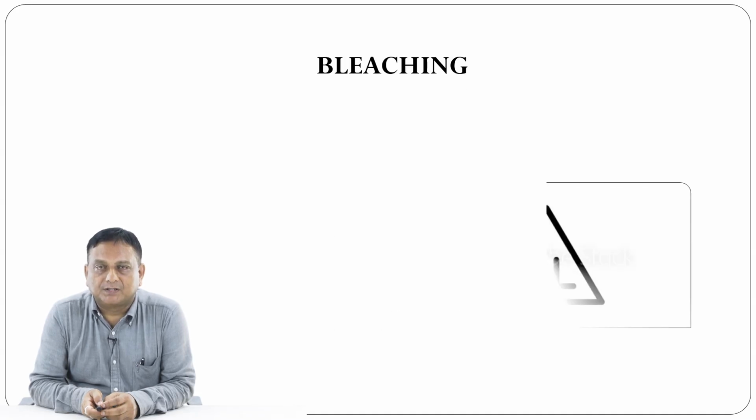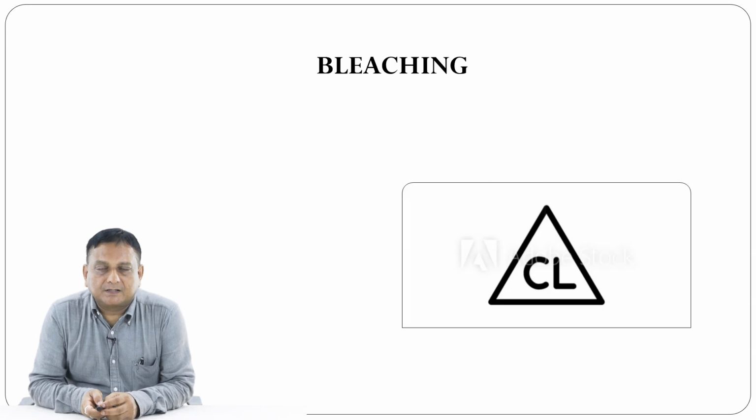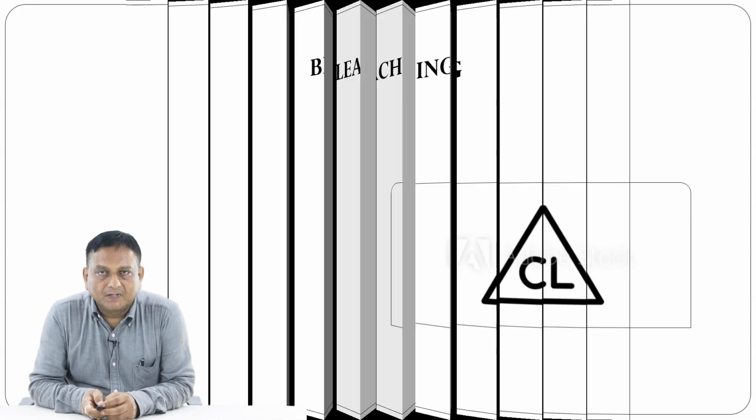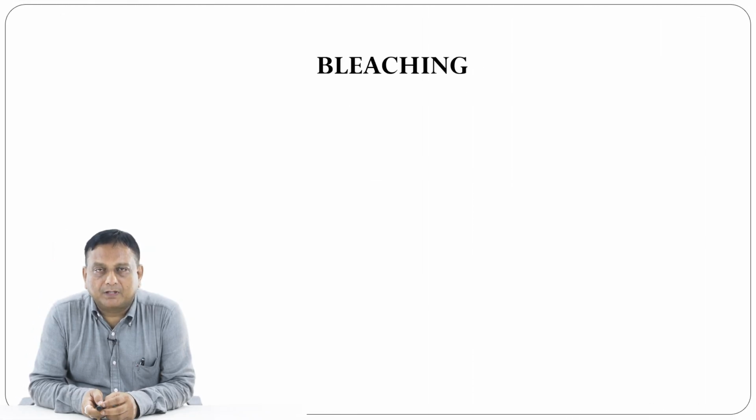Now let us see the bleaching. What is the significance of bleaching operations? That we will try to see here. Now chlorine bleach, as we have already mentioned, then no bleaching or bleaching by any method. Two aspects are there. Here the triangle symbol is shown, which means any kind of bleaching can be used.